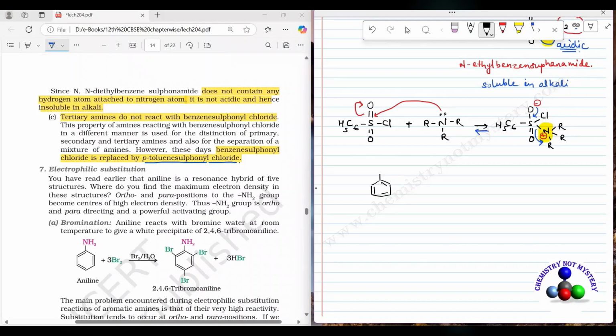Here the sulphonyl chloride is there, sulfur double bond oxygen. On the other side also it is bonded with oxygen, and here the Cl group is there, and at the para position this is CH3. At the para position of toluene, the sulphonyl group is there, so the name of this molecule is para-toluene sulphonyl chloride.